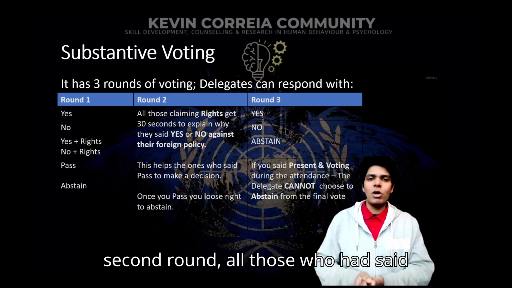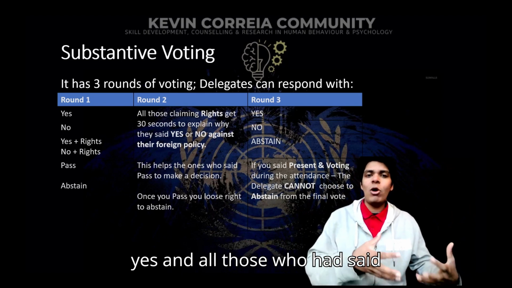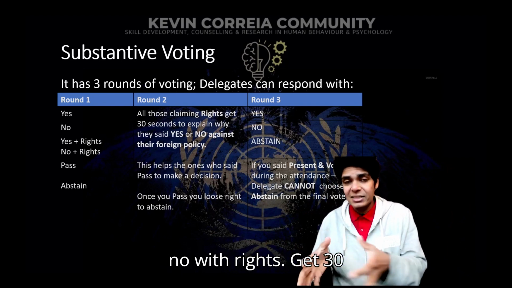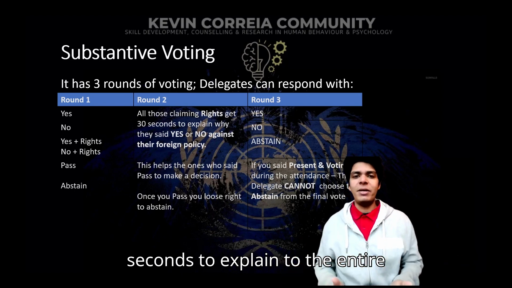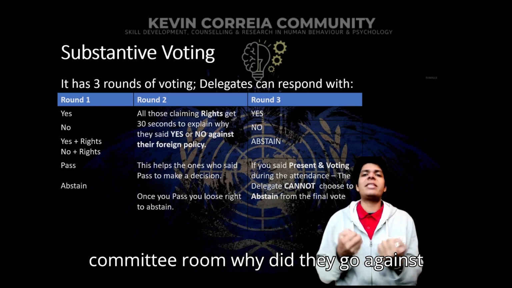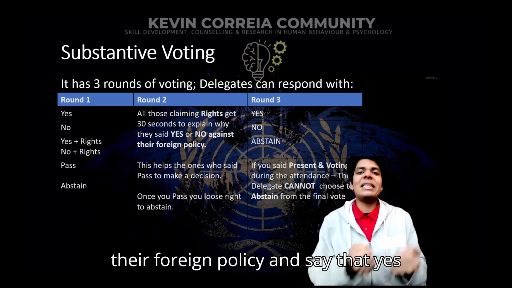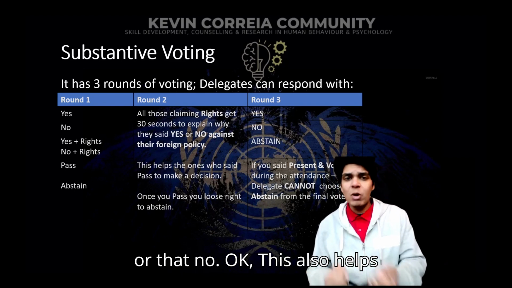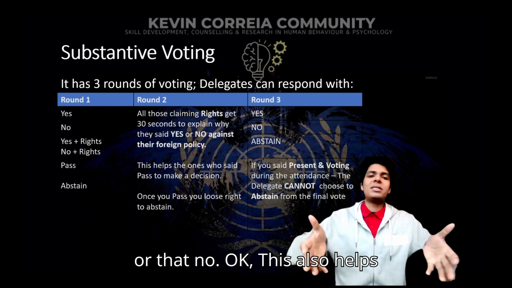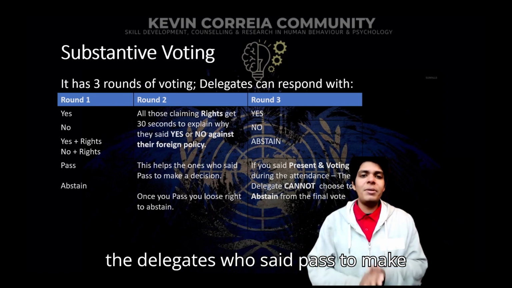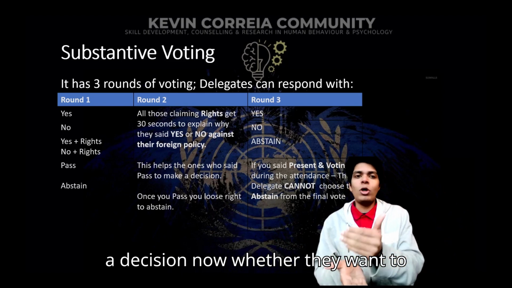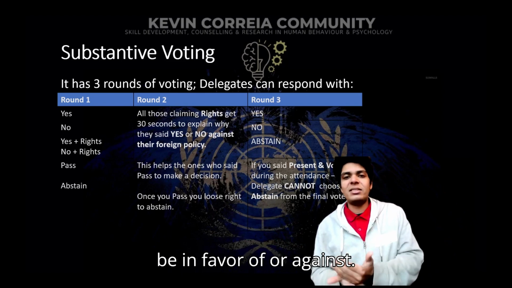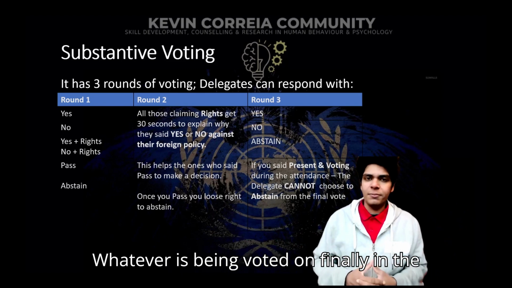Now, for the second round, all those who had said yes with rights and all those who had said no with rights get 30 seconds to explain to the entire committee room why they went against their foreign policy and said that yes or that no. Okay, this also helps the delegates who said pass to make a decision now whether they want to be in favor of or against whatever is being voted on.